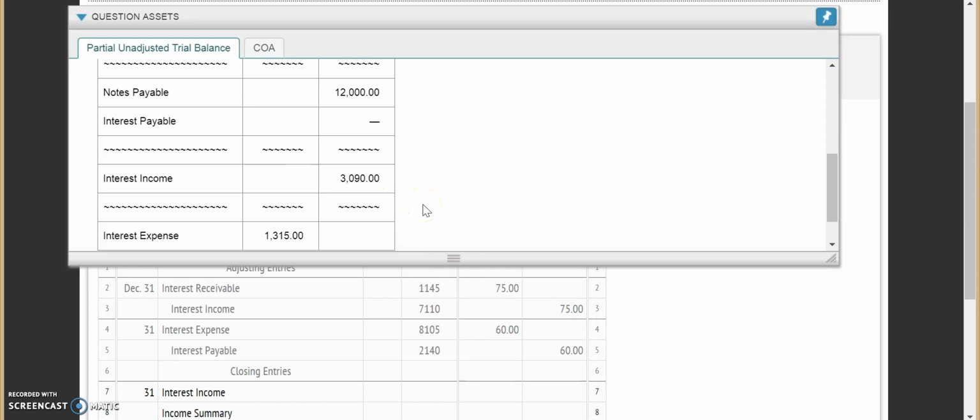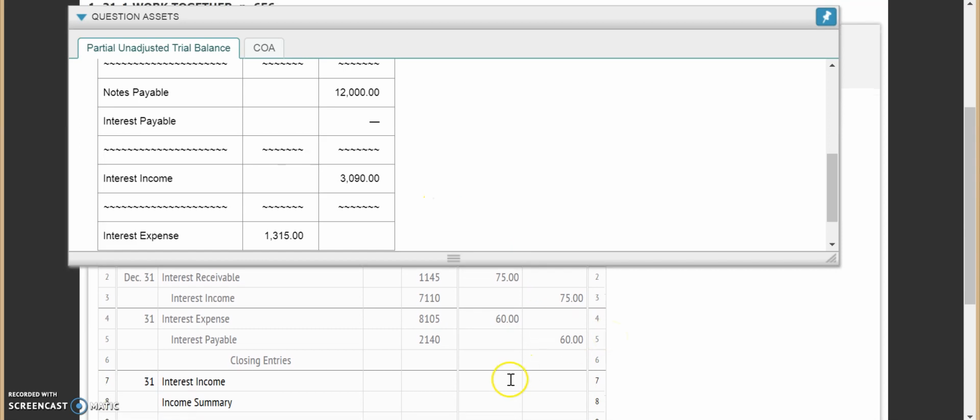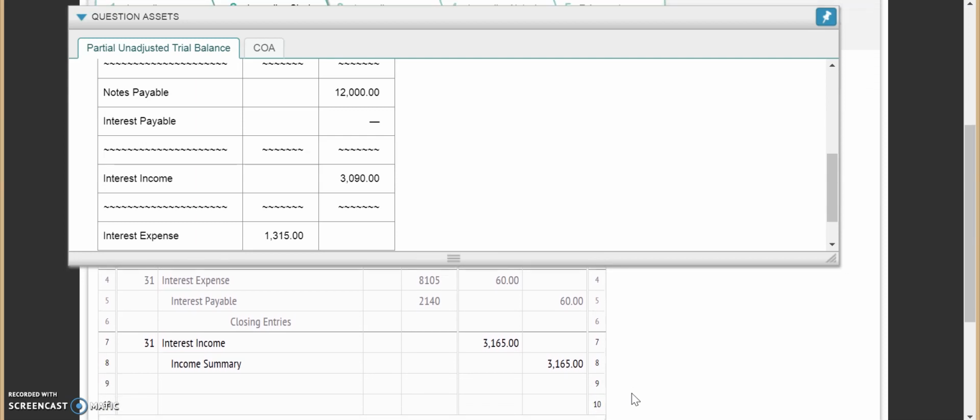When you do that, that updated balance should be 3,165. When we close, that's the amount that's going to go here: 3,165 and 3,165. Now, if we had T accounts, this would be so much easier to see, but we don't, so you have to imagine that the T account is there. We're crediting or debiting the opposite side, so now we're at a zero balance, closing those entries out.